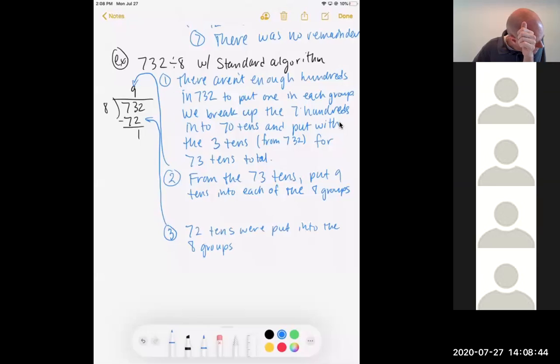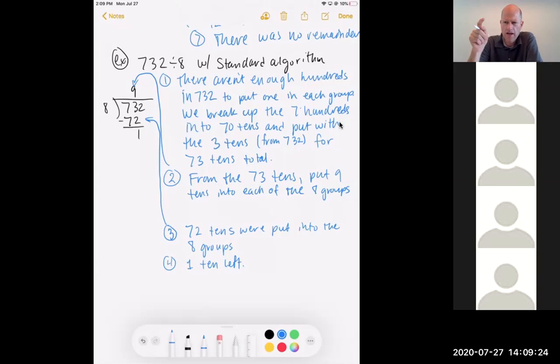Okay. We have 1 ten left. Once we found that 1 ten left, what do we do next in the algorithm? Break it up into 10 ones because you don't have enough to split it into 8 groups.